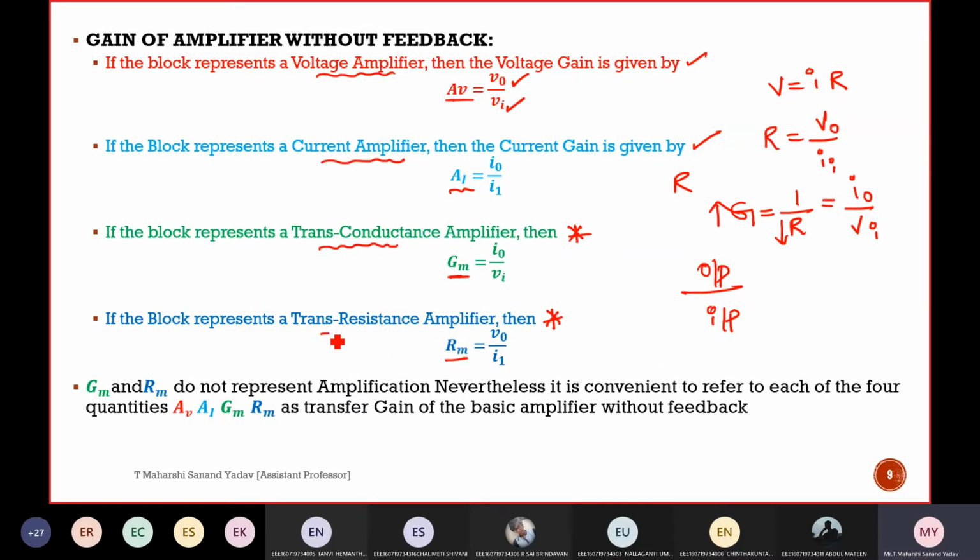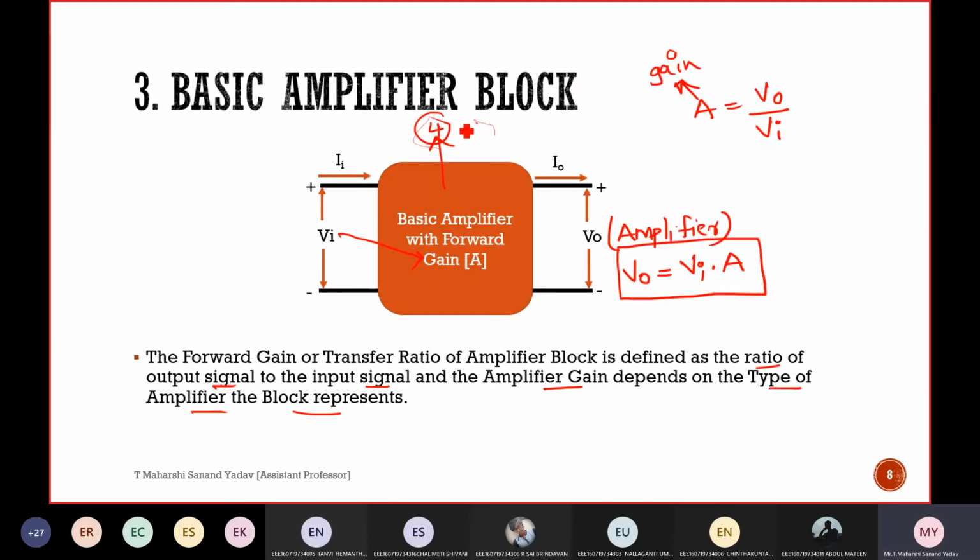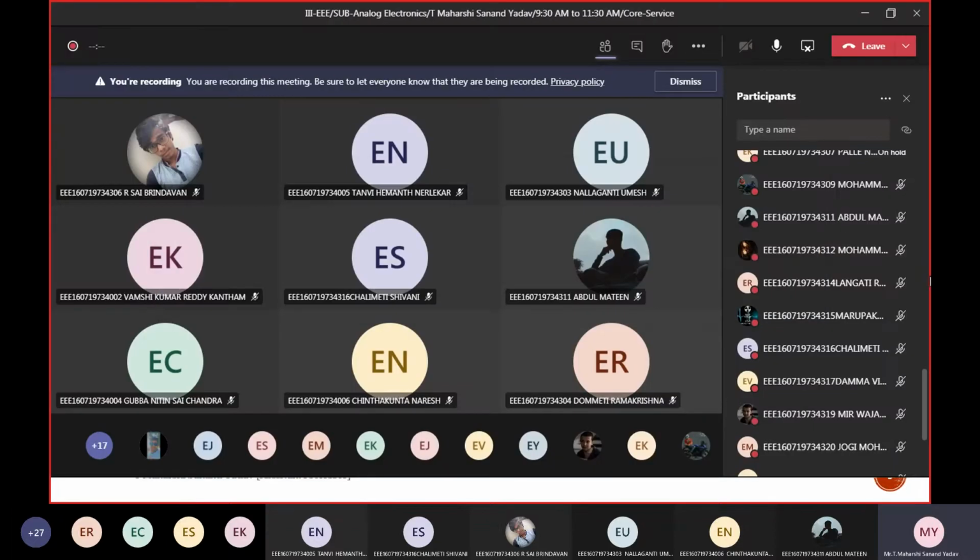If it is RM, it is called as trans resistance. Okay. So here 4 types I've told you. So here you can take either AV, which is voltage gain, next current gain, third one is GM, fourth one is RM.